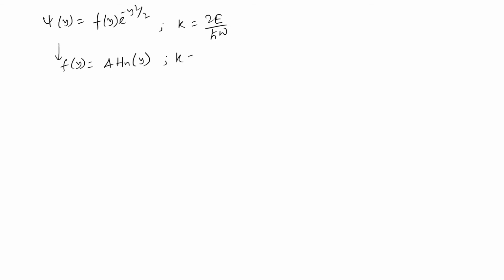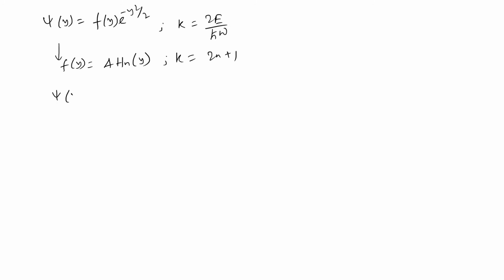So what we have got: we have assumed psi of y equals f of y times e to the power minus y squared by 2, and k equals 2E by h cut omega, and we have finally got that f of y equals a Hermite polynomial and k equals 2n plus 1.